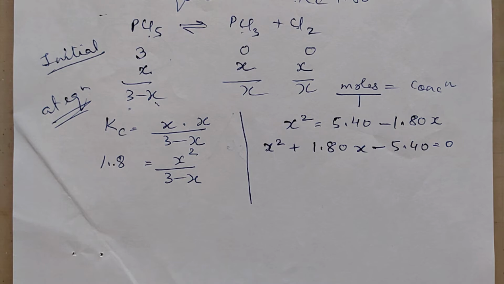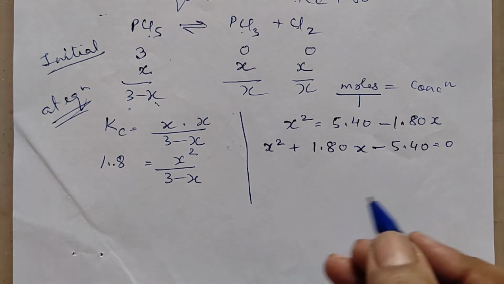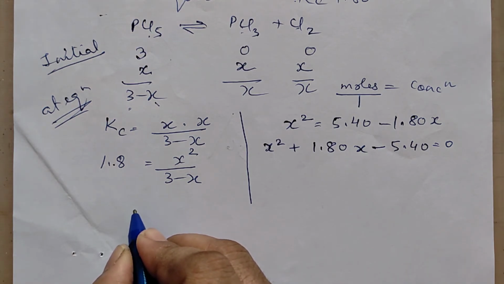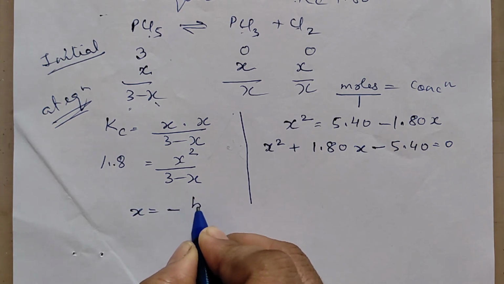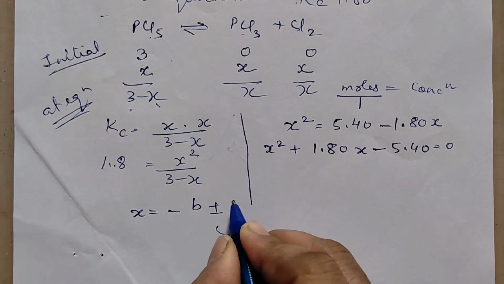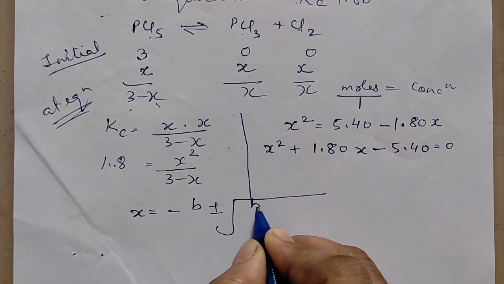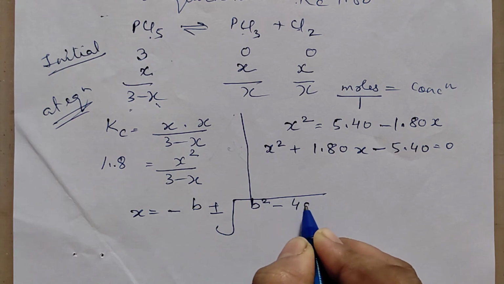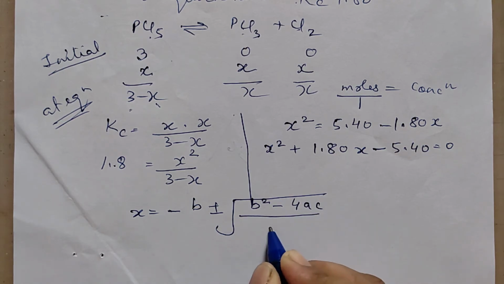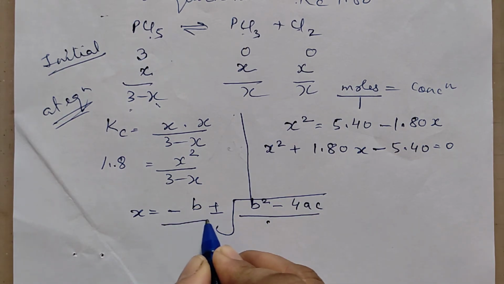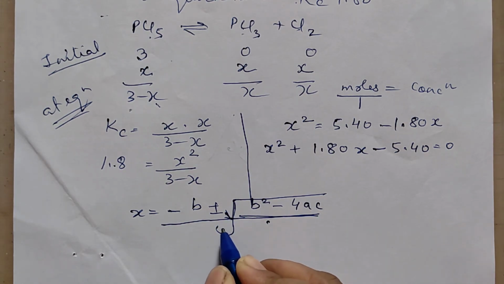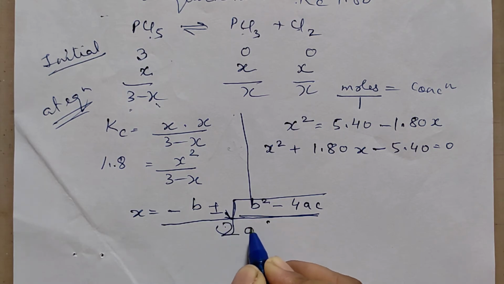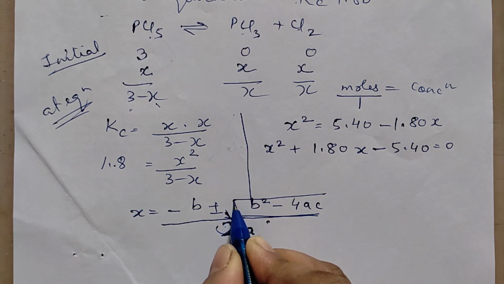Sometimes in this chapter you may get quadratic equations, and then you need to solve them using this formula: x is equal to minus b plus minus root of b square minus 4ac, divided by 2a. This is 2a; the root is only on the top.